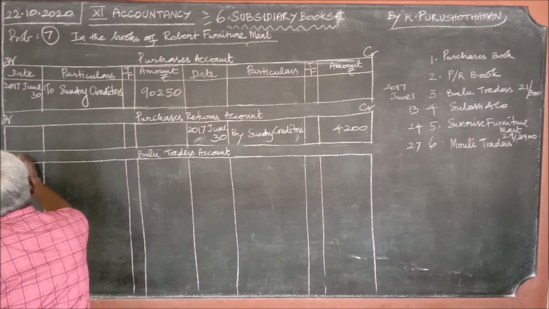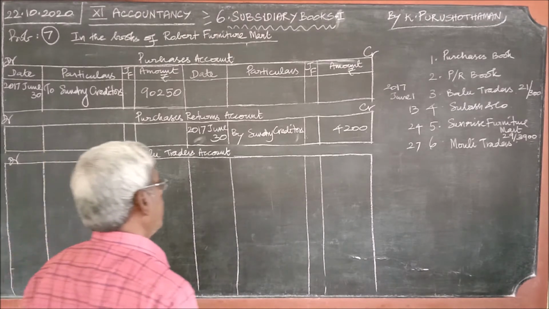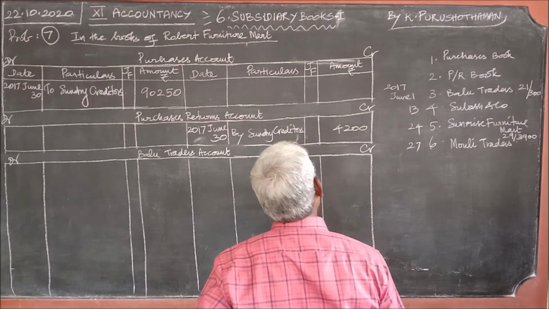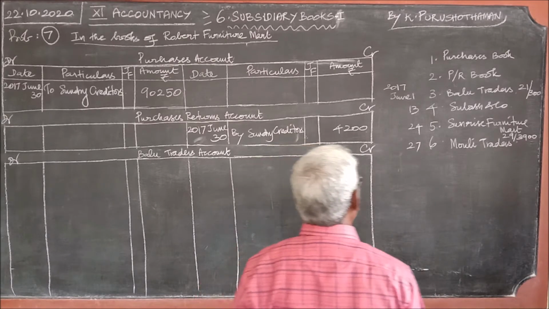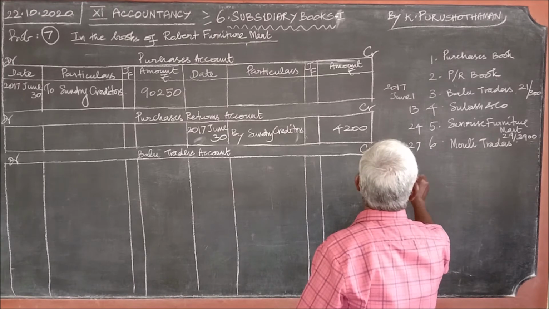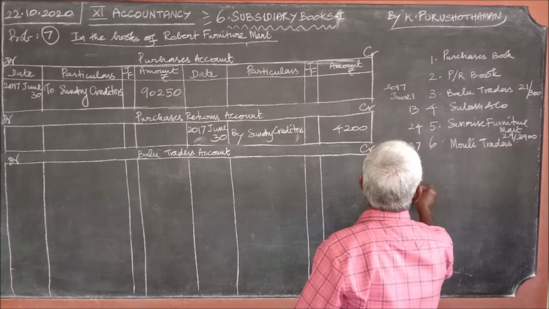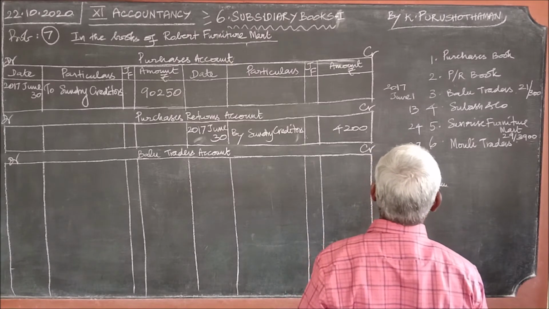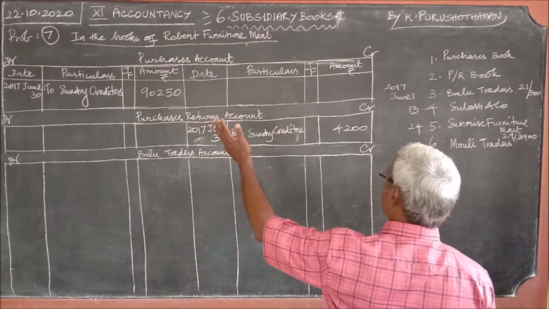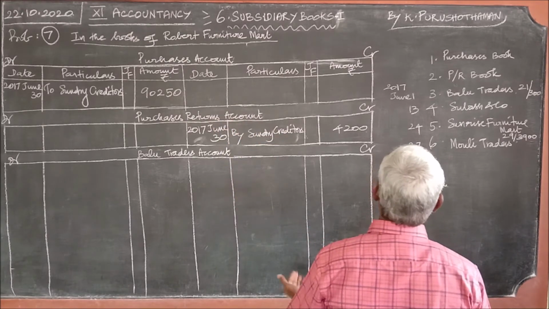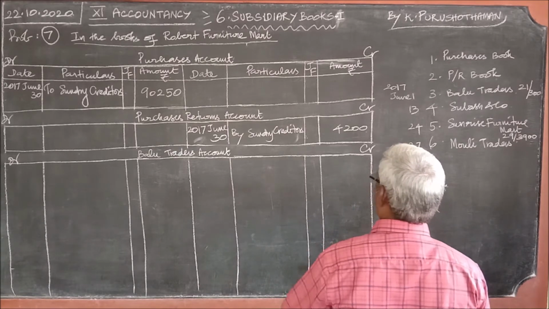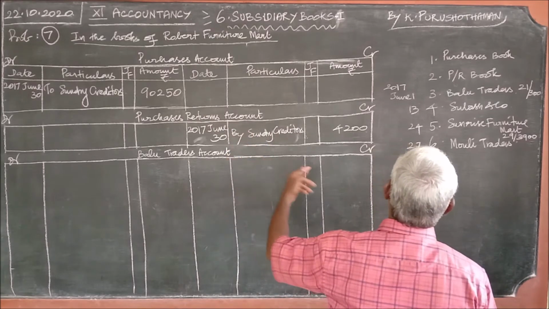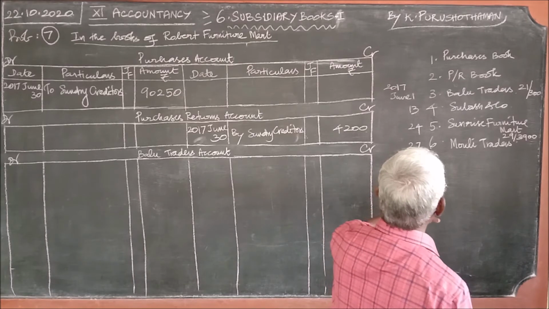The same thing, debtor, creditor. For Balu Traders, when the goods are purchased, purchases account debtor to Balu Traders account. For purchases, debit side entry. For purchases return, credit side entry. So for the purchases we have written debit, and for the creditor you should write on the credit side.